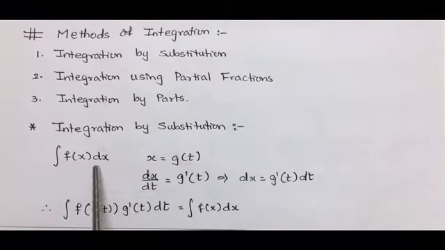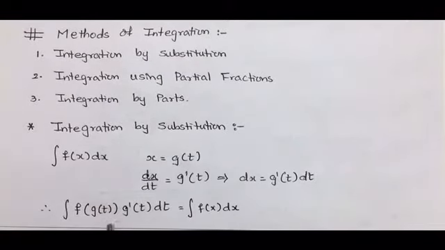After doing all the substitution we integrate, and whatever the final answer is, that answer will be written in terms of x. So this is how integration by substitution is taken up.